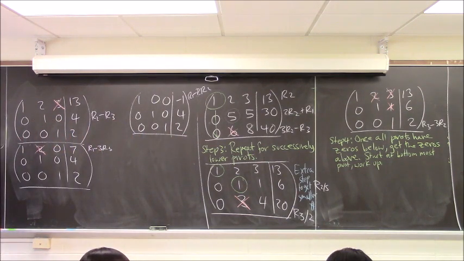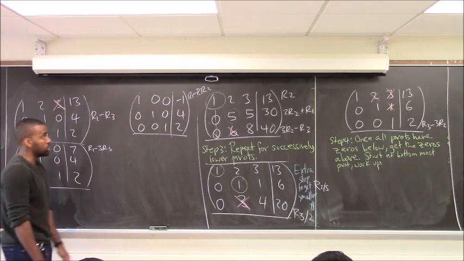Now if you look at that, that is in reduced row-echelon form. Any rows of zeros are at the bottom, we don't have any, so we don't have to worry about that. First nonzero number in each row is a 1. The ones have zeros below them, they also have zeros above whenever possible. So that is reduced row-echelon form. Now in this form, can you tell me the answer?